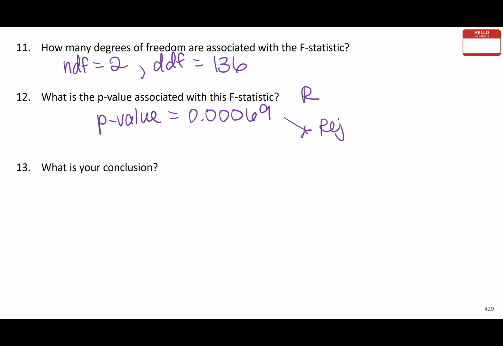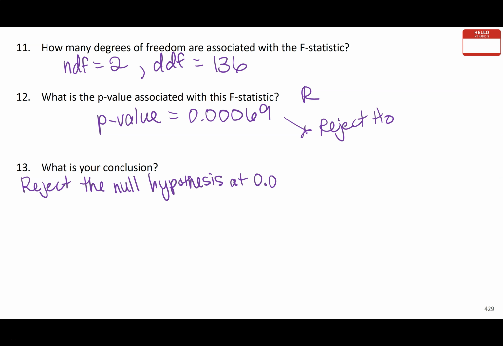So we're going to reject our null here. So bear with me. You absolutely don't have to listen to me read out loud what I'm writing. So we're going to reject the null hypothesis at the 0.05 significance level.